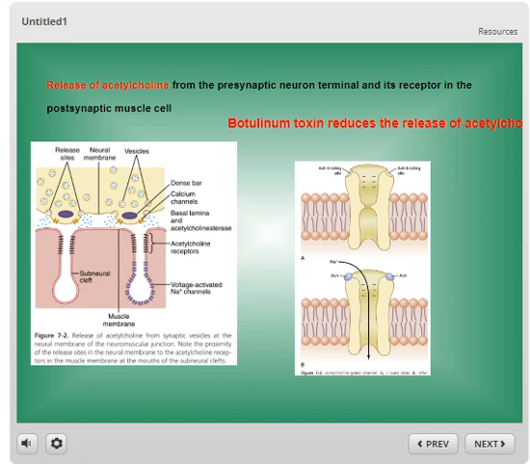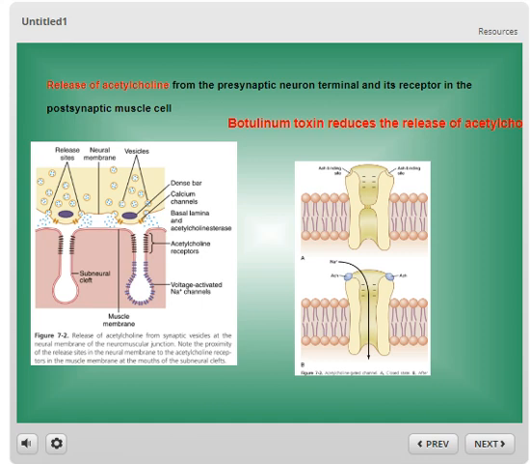Acetylcholine binds to these receptors, causing a conformational change, and with the binding of acetylcholine, these receptors open ion channels, allowing sodium ions to flow into the muscle cells.